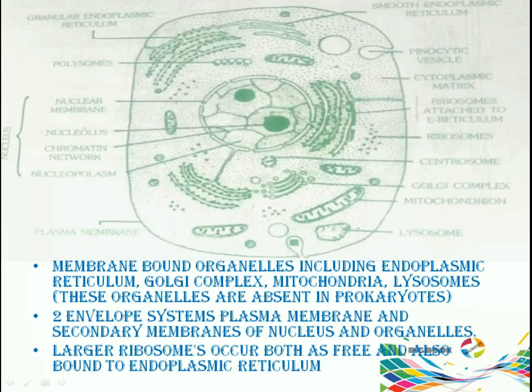And the two envelope system is observed, that is the plasma membrane of the cell, which is the circumferential membrane, and the secondary membranes for the organelles.